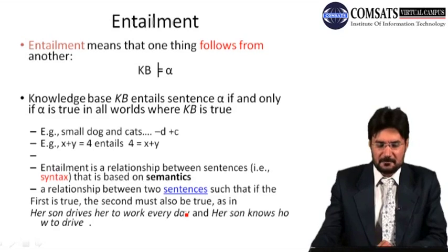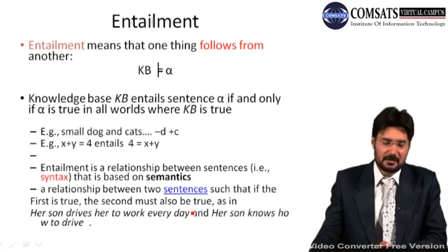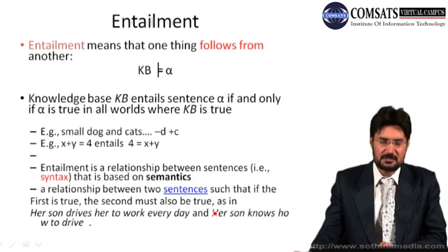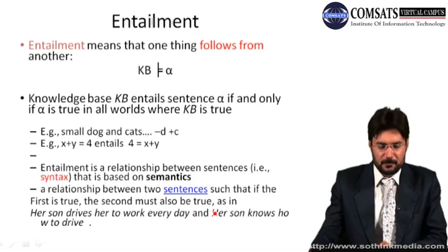So here we say mathematically that knowledge base implies alpha if the alpha value is coming from a knowledge base, and knowledge base is always true. So if we go through an example, then you will understand more easily.